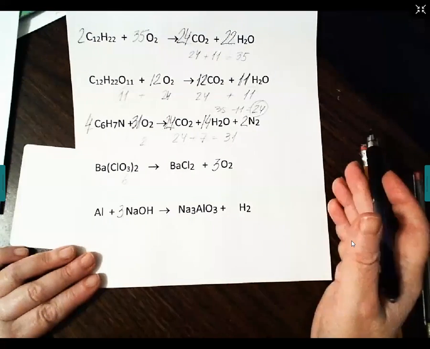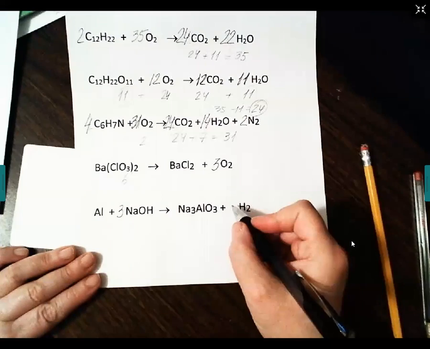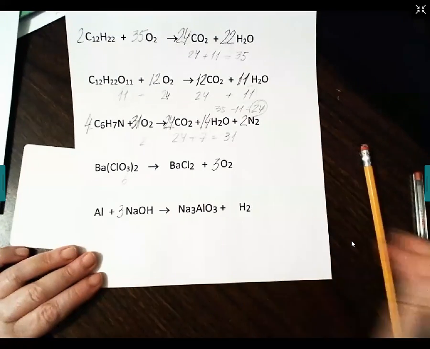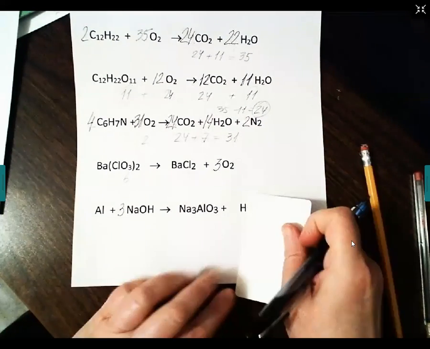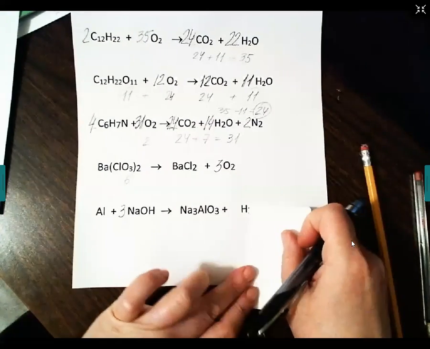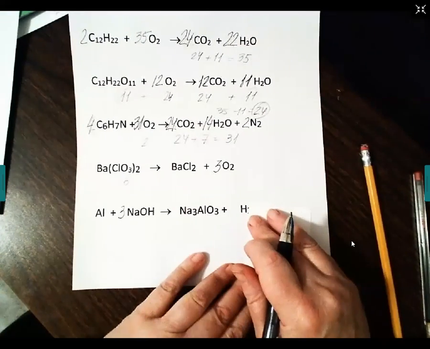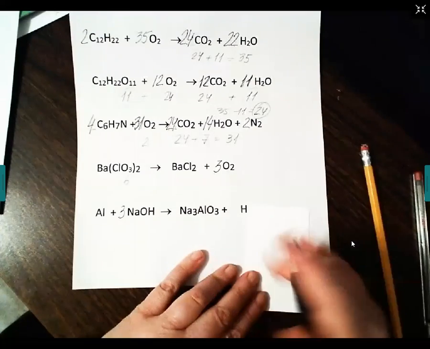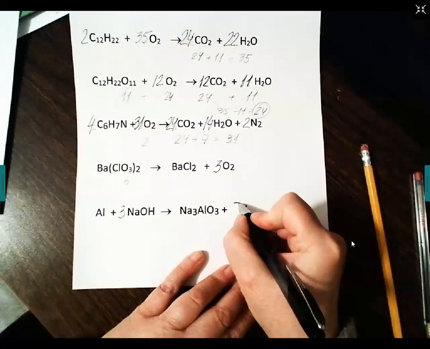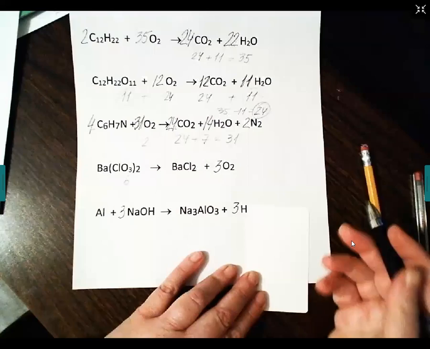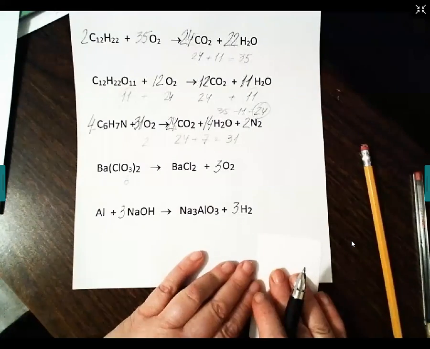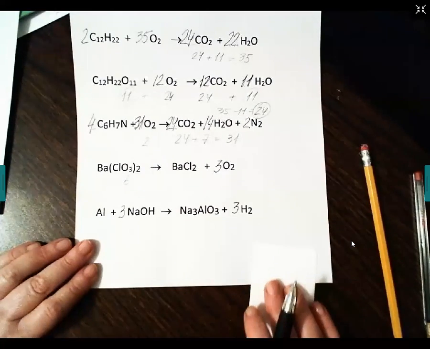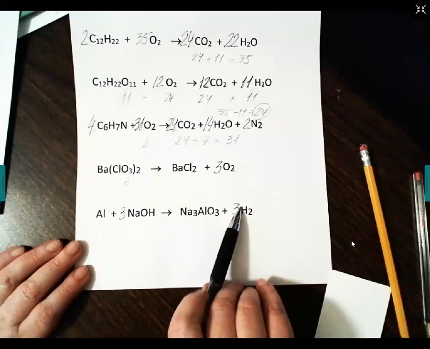The only thing we can do, we should again use this little trick. We are hiding these 2. If we put coefficient 3 here, now hydrogen is balanced. Then we are returning this 2 back.